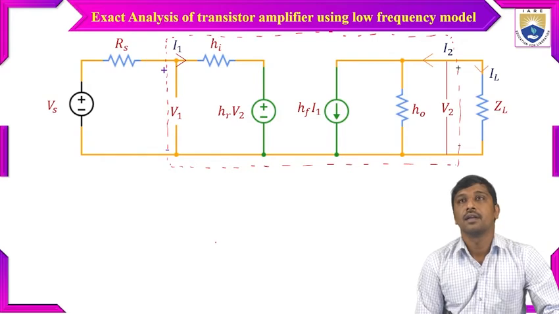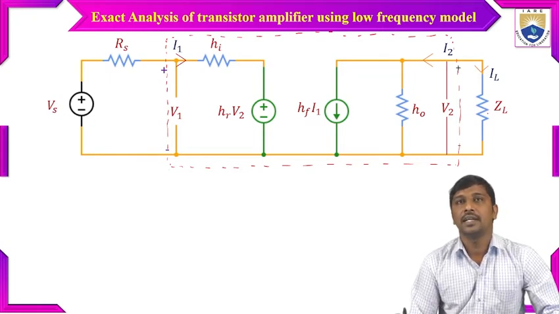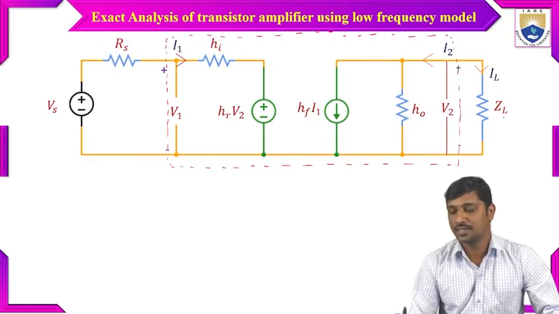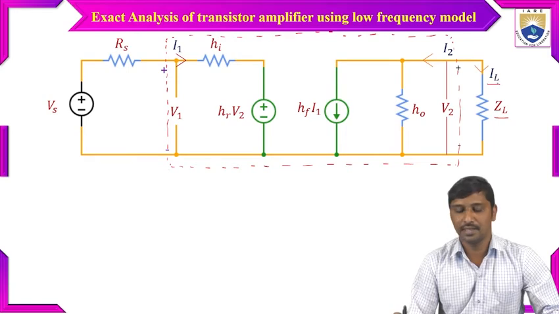For this small signal model of a BJT, on the input side I added the source resistance, that is Rs, along with the input voltage Vs. And on the output side, I am going to measure the amplification across the load resistance. Hence, I added the load resistance, represented as ZL, and across this load resistance it allows the load current, represented as IL.